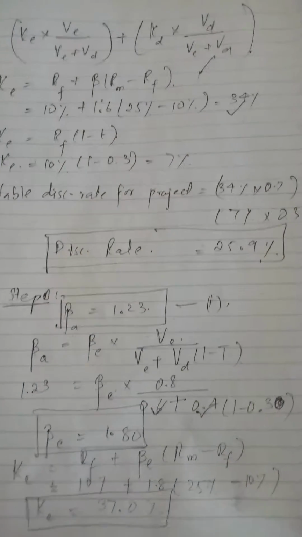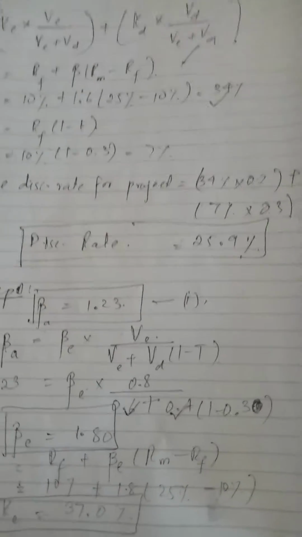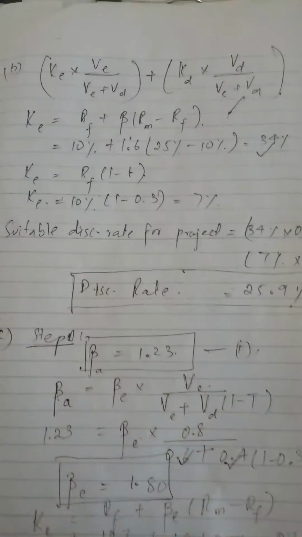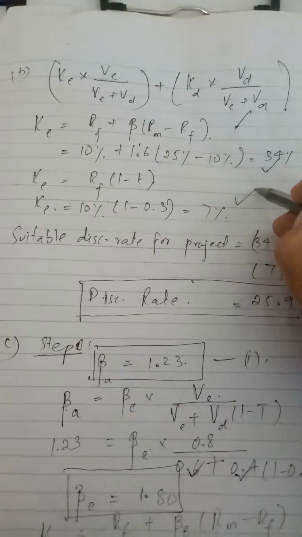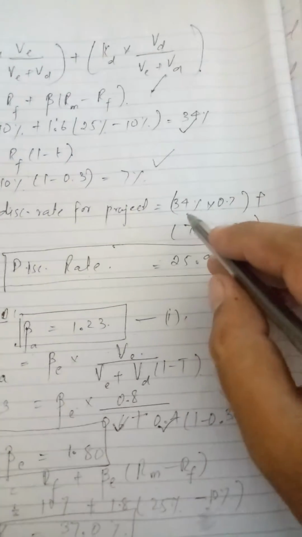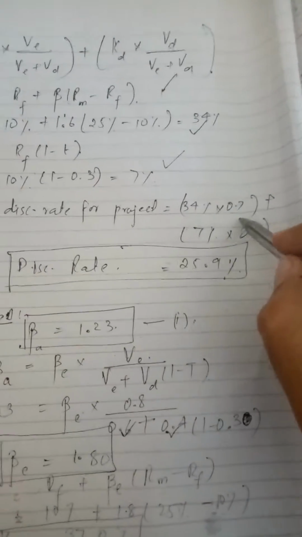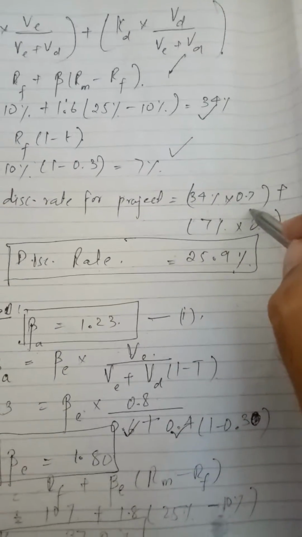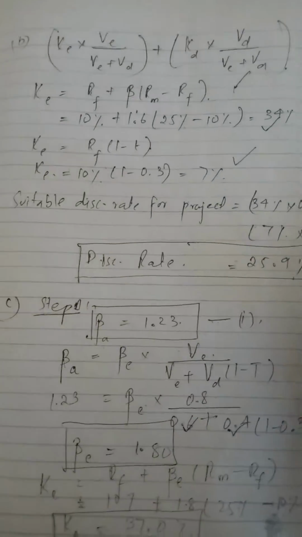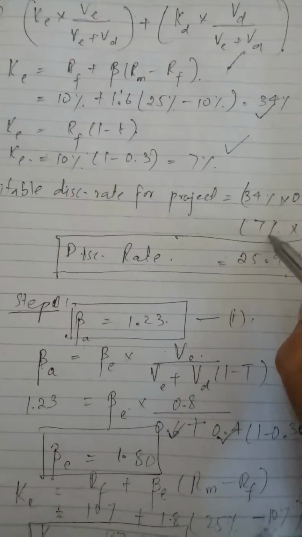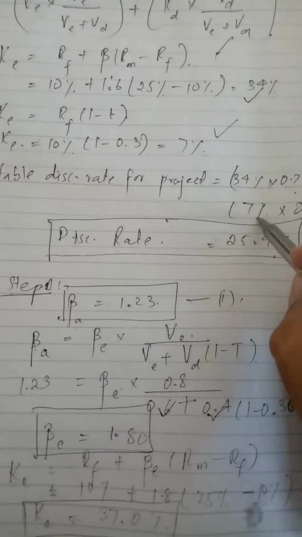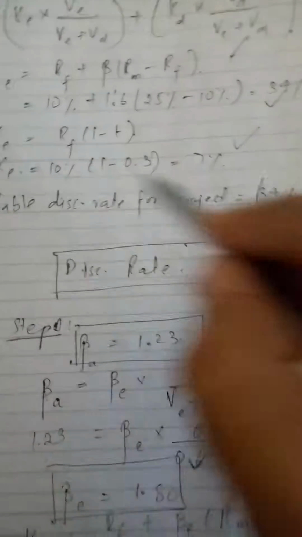We found Ke, and then it was put in this: 0.7 and 0.3 was the distribution, 7% was the cost of debt, and 34% was the Ke.